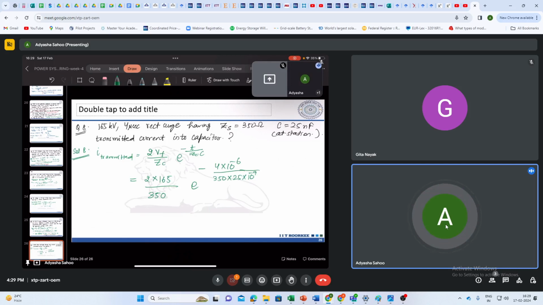So in kilo amps, this is coming near about 0.5969 kilo ampere, or 596.9 ampere I transmitted.